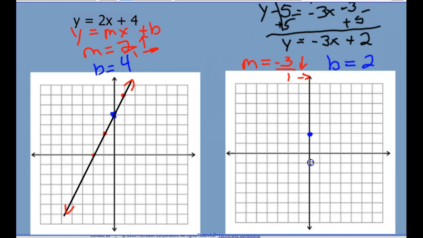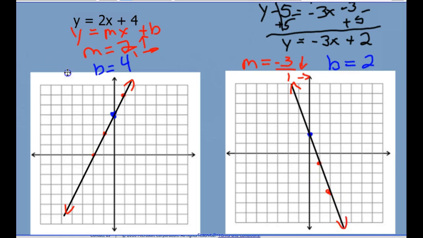Down 1, 2, 3, over to the right 1. So if we just would graph this, just draw a line through our points, we'll have our equation graphed in a line.